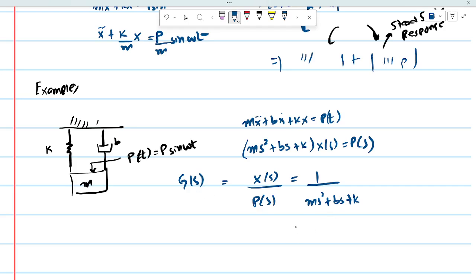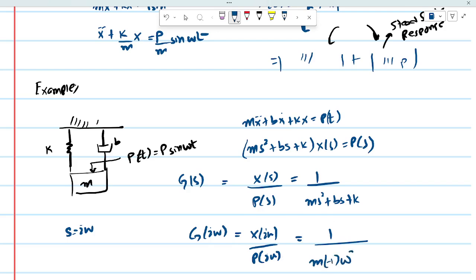That's the transfer function for us, but we are interested in only the steady state part. So s equals i omega, and so we can write it as G(i omega), which equals X(i omega) over P(i omega). It will become 1 over m times (i omega) squared plus b i omega plus k. i squared would be minus 1, so it becomes minus m omega squared plus i b omega plus k.